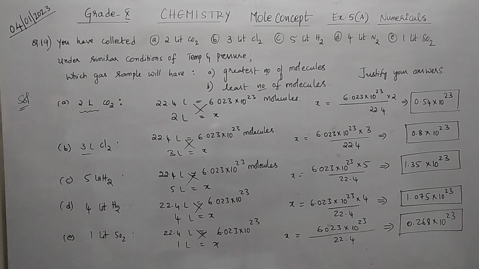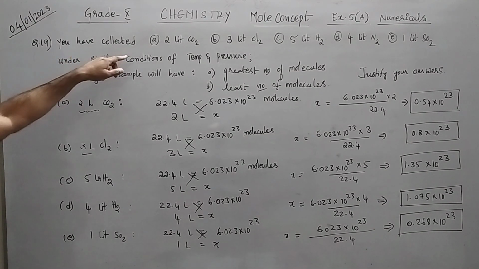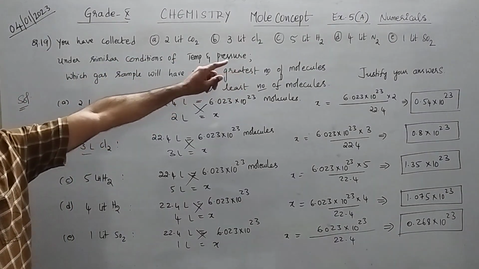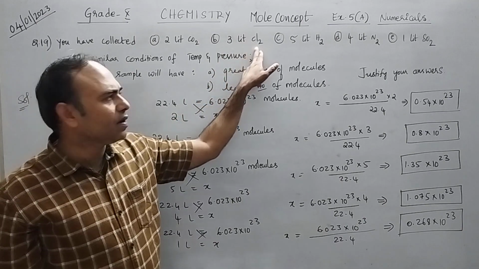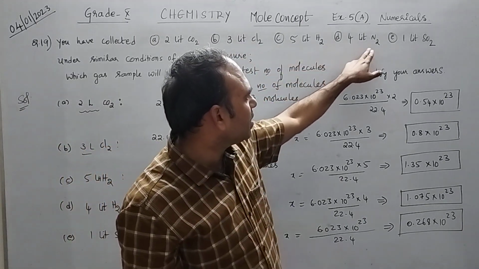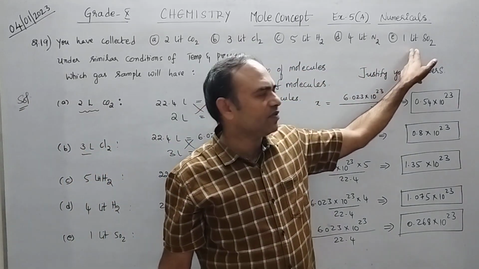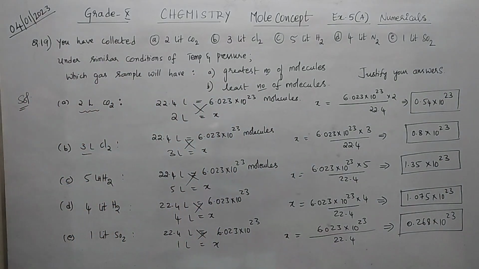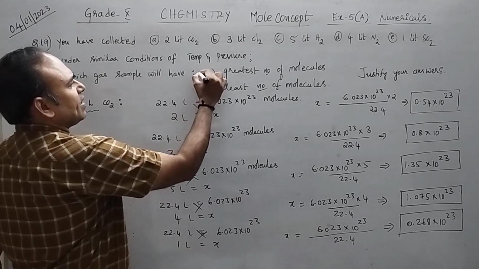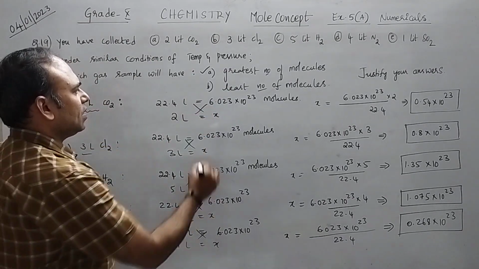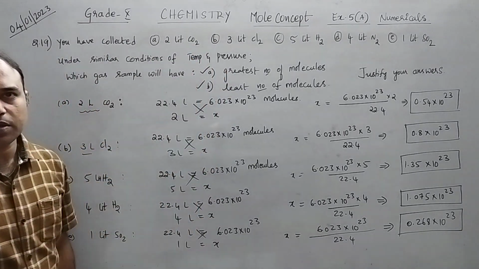Now if you see question number 19, they have given 5 samples of gas. First one 2 liter carbon dioxide, 3 liter chlorine, 5 liter hydrogen, 4 liter nitrogen, 1 liter sulfur dioxide. They are asking, under similar conditions of temperature and pressure, which will have the greatest number of molecules and which will have the least number of molecules.